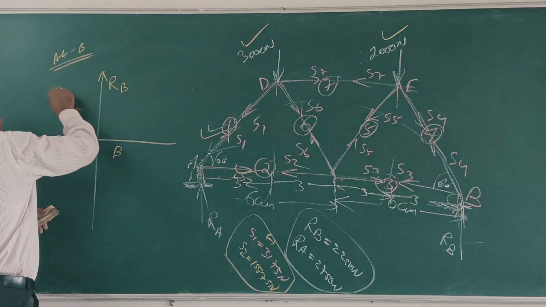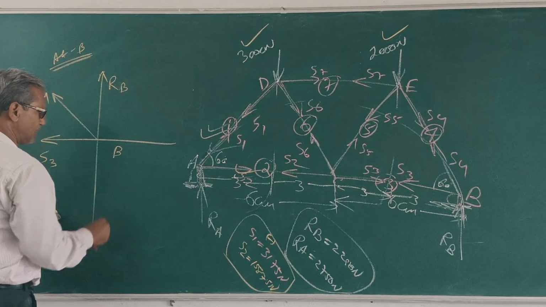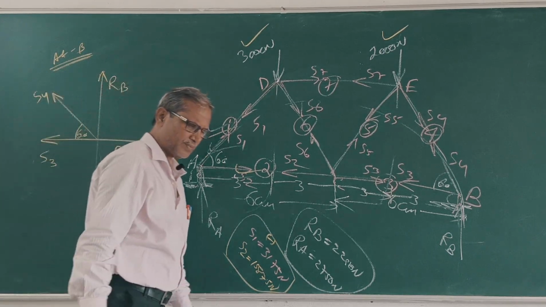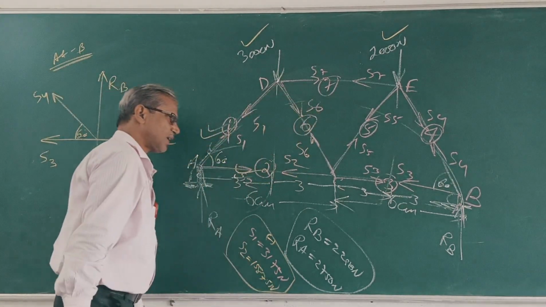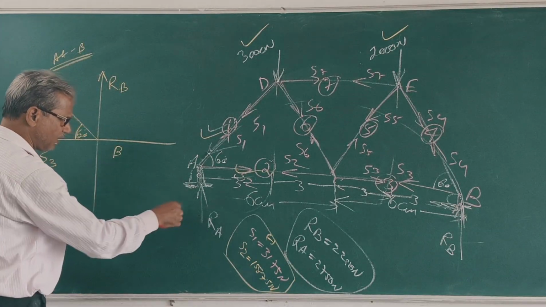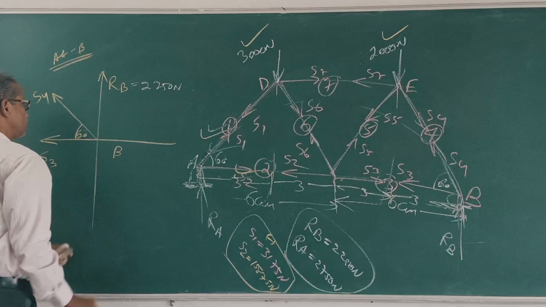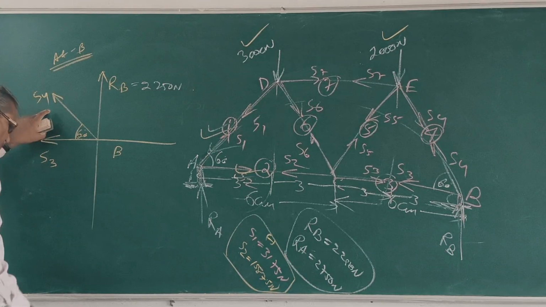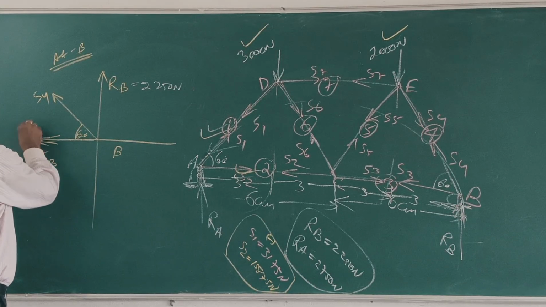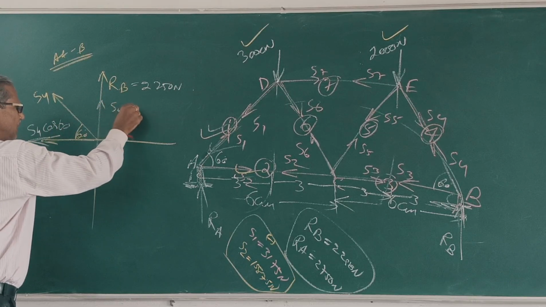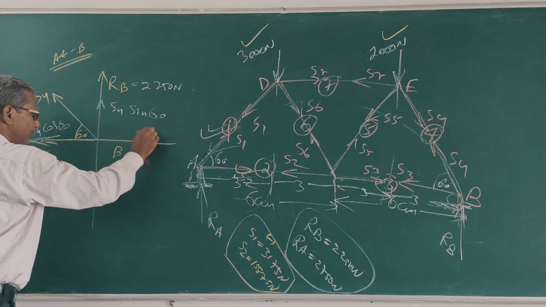For this angle, 60 degree. Clear? Now, what is RB? 2250 Newton. So resolve this force S4. What is this force? S4 cos 60. This is S4 sin 60. Clear? This side is 0.